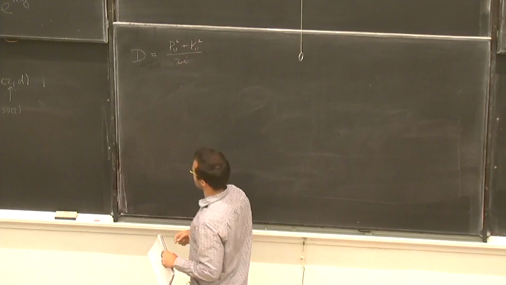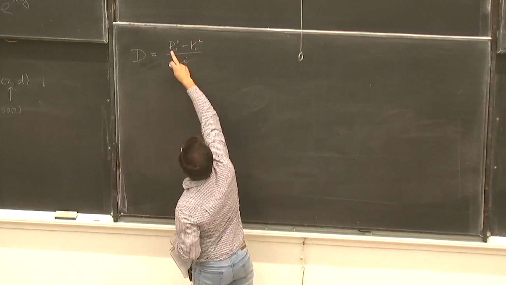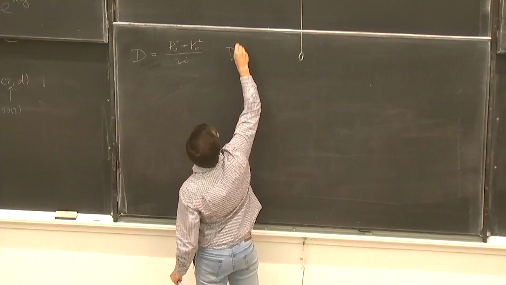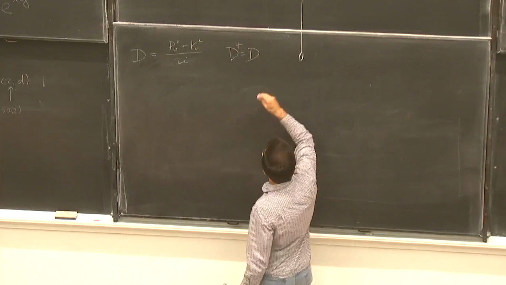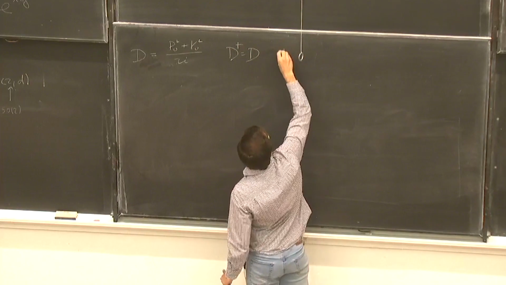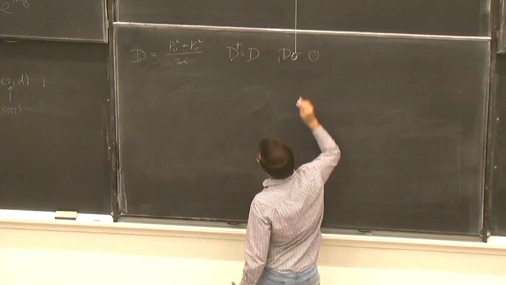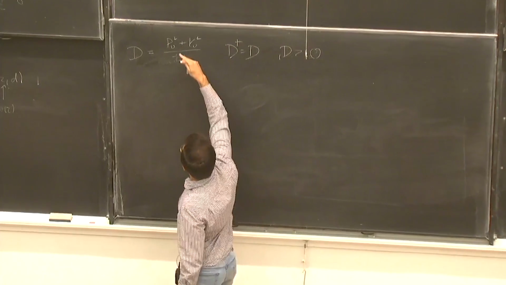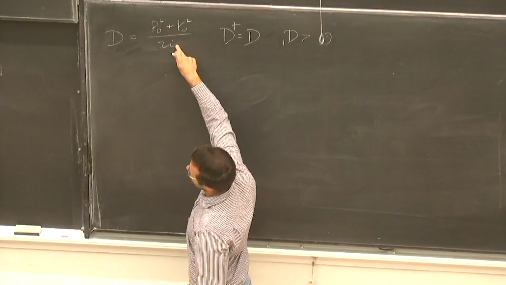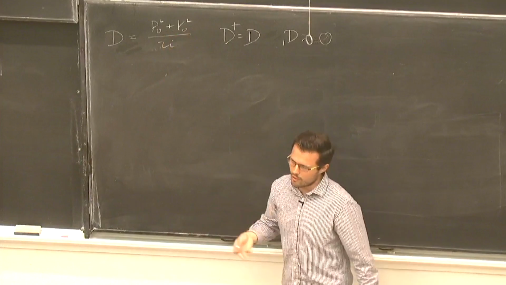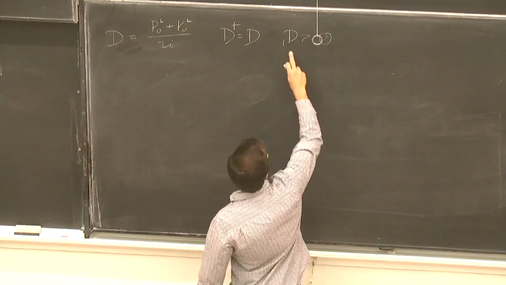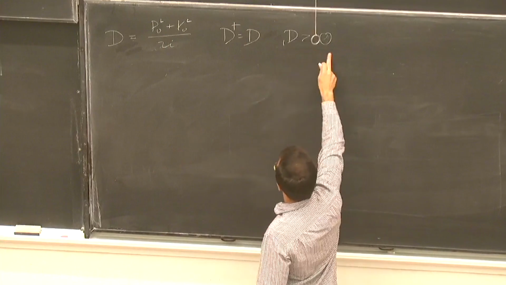Because P0 and K0 are anti-Hermitian, D is Hermitian, and it's also positive, which is not very hard to see. P0 divided by i is a positive operator, because it's basically the Hamiltonian, and K0 is related to P0 by a similarity transformation. So you can also show that the sum of the two is positive.